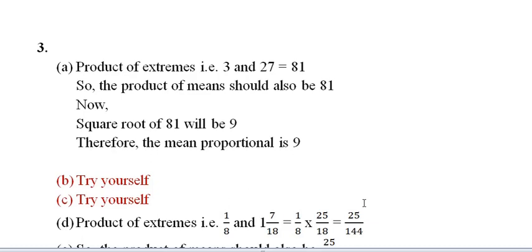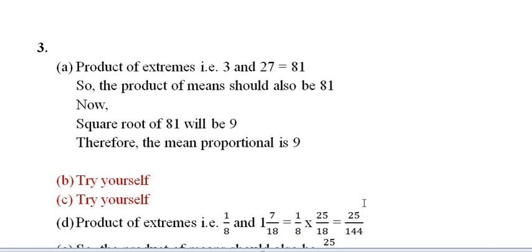Now evaluate the mean proportional in the following. By mean proportional, it means that whatever numbers are given in this question number 3, that is A, 3 and 27; B, 2 and 18; C, 13 and 13; D, 1 by 8 and 1 whole number 7 by 18; and E, 1 and 1.69.